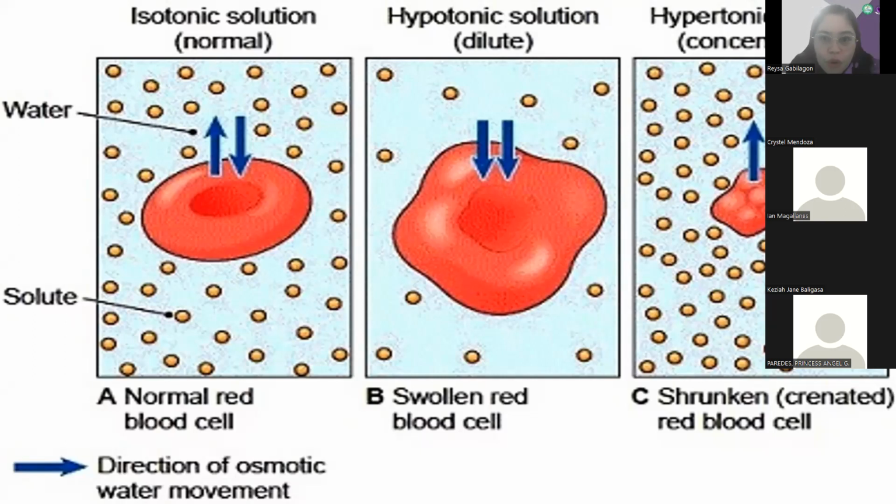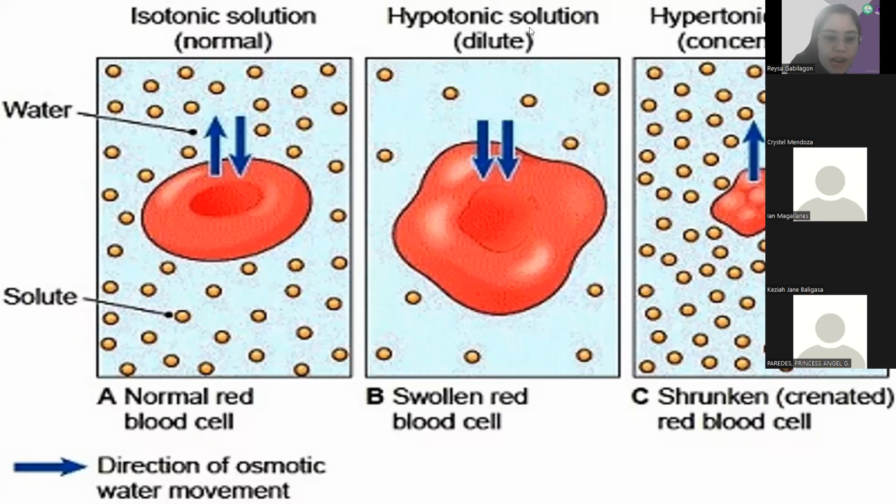Okay? So therefore, what we're going to inject to the vein is the isotonic solution. Okay? Iso means the same or equal. Meaning equal yung amount ng solute ng cells natin in the blood and also the blood itself, the serum. Equal lang siya. Equal lang yung solution na yan.